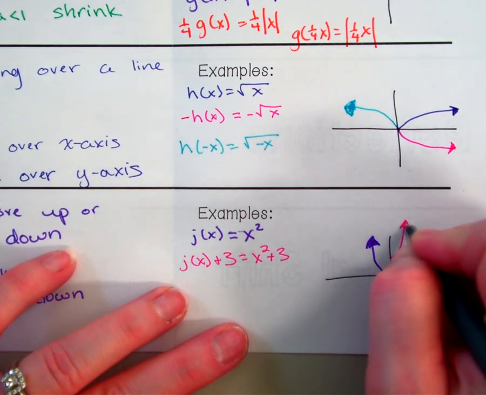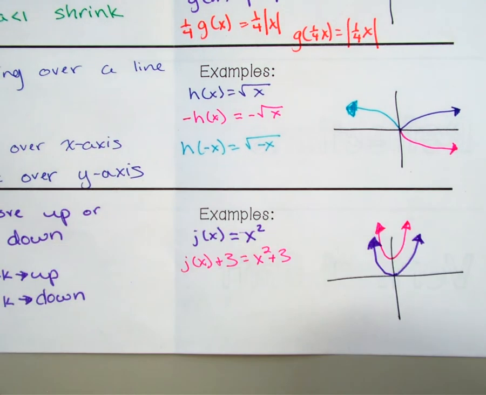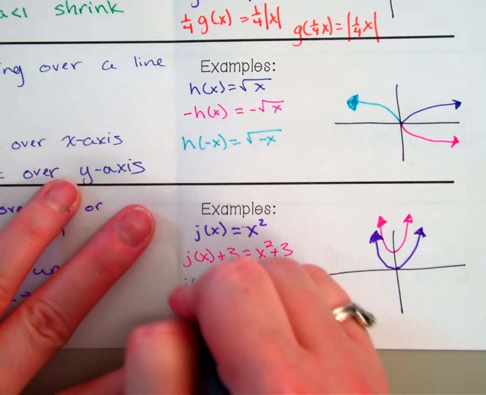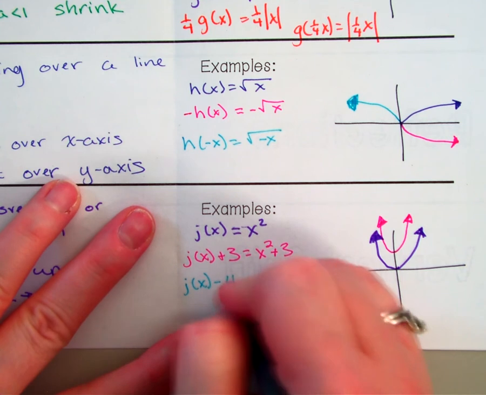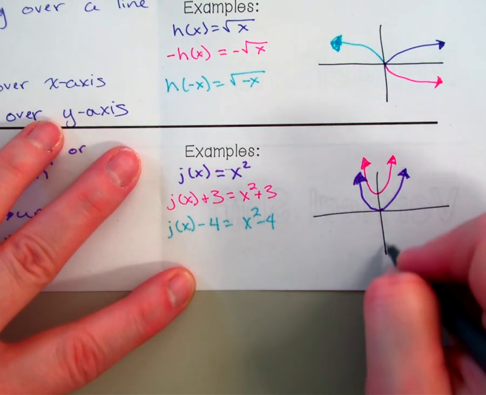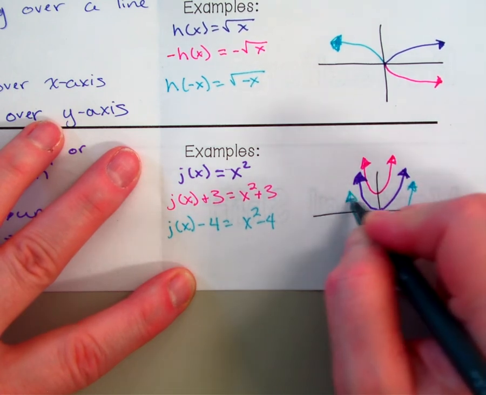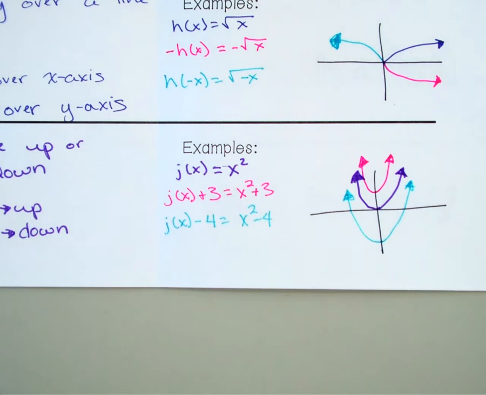So the entire function, every point on that function, is going to move up 3. Just like that. And then if we subtract a number, that means every point on that function is going to move down that number. All right.